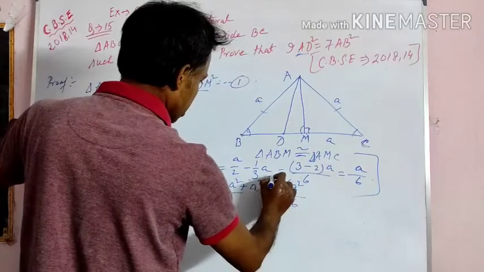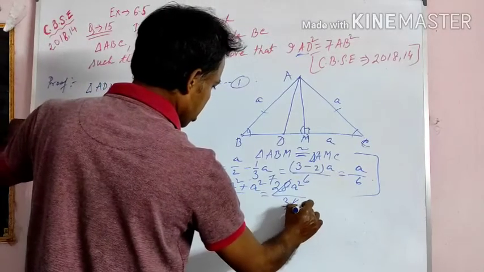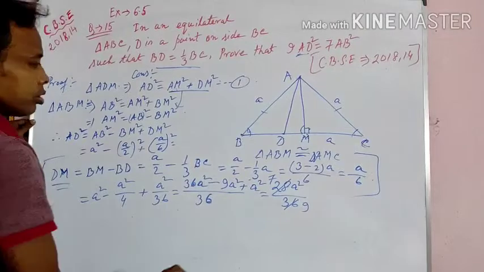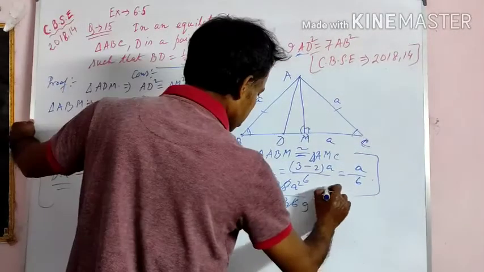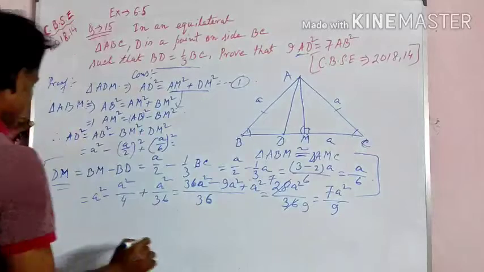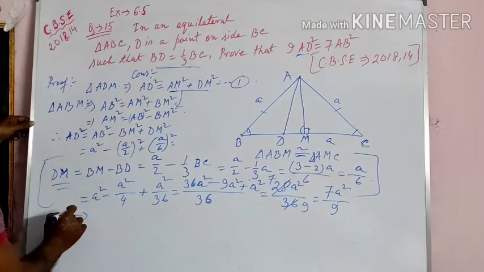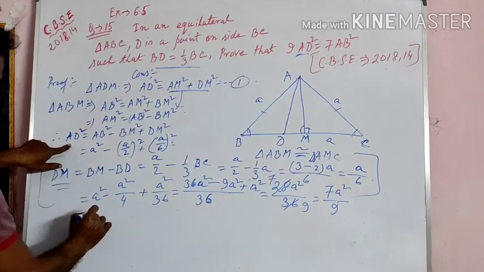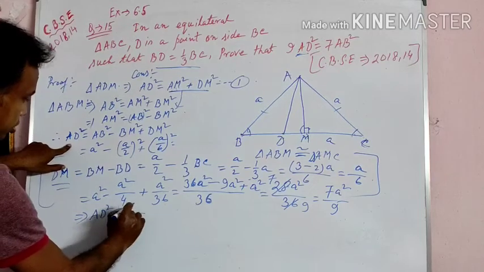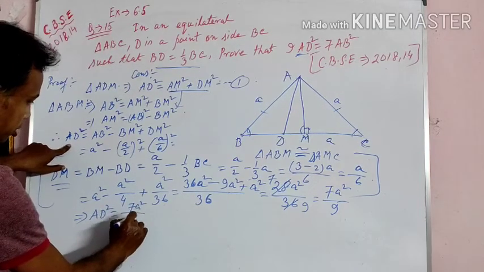So dividing by 4, 7 A square by 9. So the value of AD square is equal to 7 A square by 9.